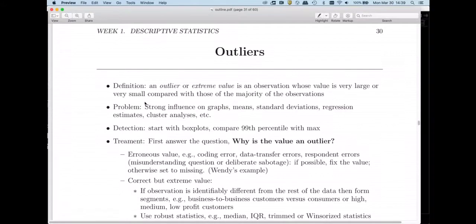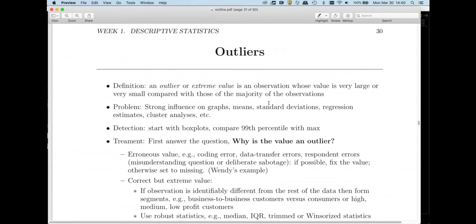We've already seen how a single extreme value can distort a mean. You can inflate the mean to an arbitrarily large or small value by changing a single observation. It only gets worse when you deal with standard deviations, because standard deviations begin by squaring those deviations before taking the square root at the end. So an outlier can distort that even more.